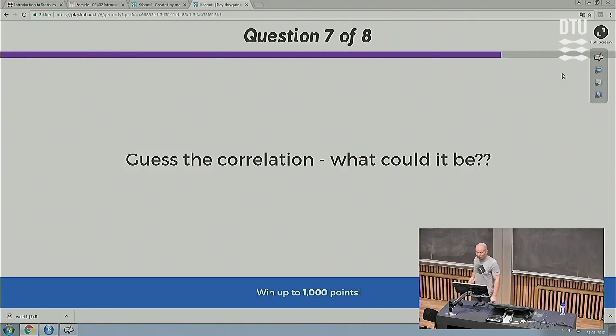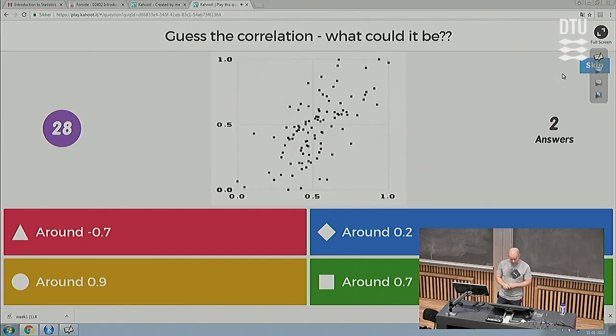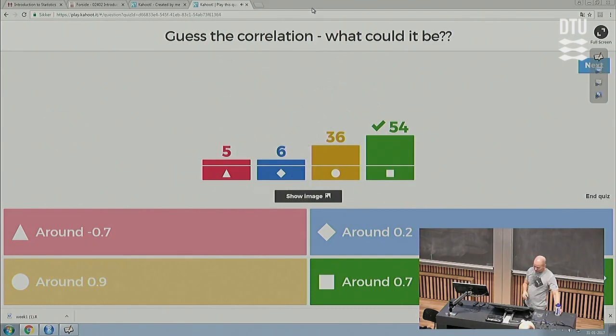Now it's your turn. Can you guess the correlation? You red guys, you should go back and check the chapter on correlation, or we are just having fun.